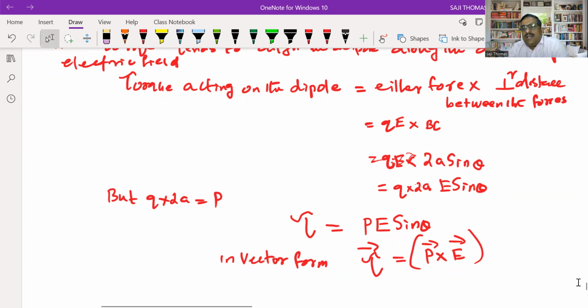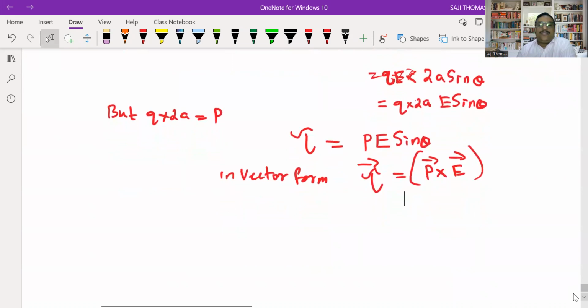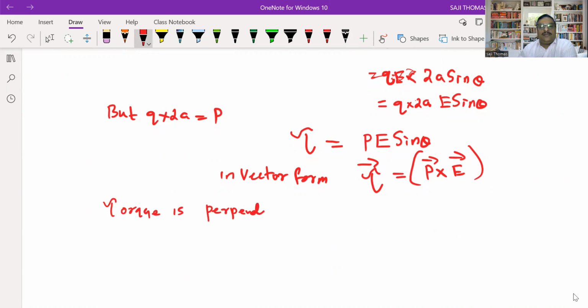One is dipole moment, the other is electric field. Torque is perpendicular to P bar and E bar. So the two pairs of vectors perpendicular to torque are, one is dipole moment and torque, the other is electric field and torque.